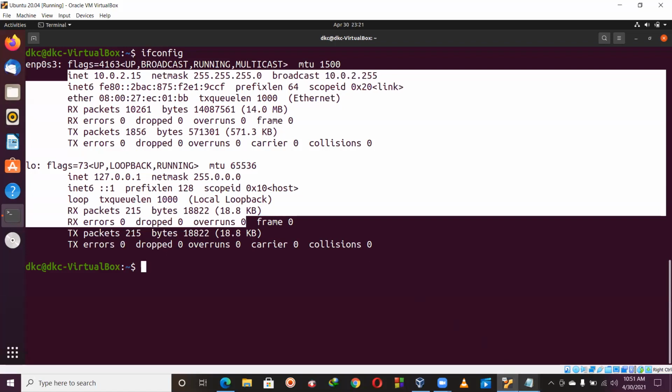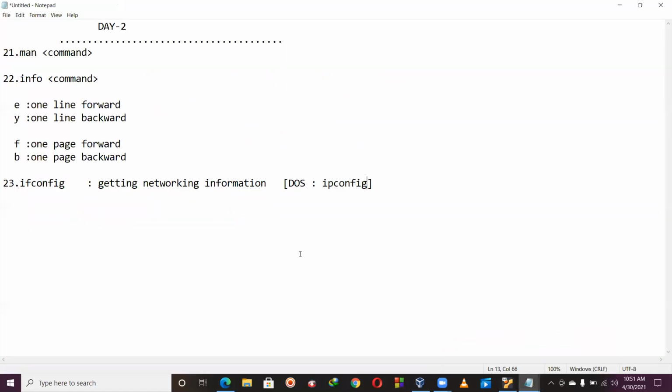Next command, you should remember, number 24: ping. Remember the ping command. Ping is used for testing the connectivity, whether my networking is working well or not.